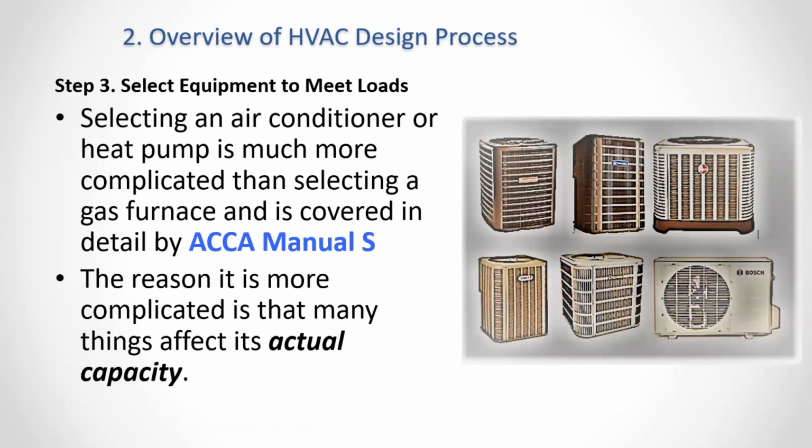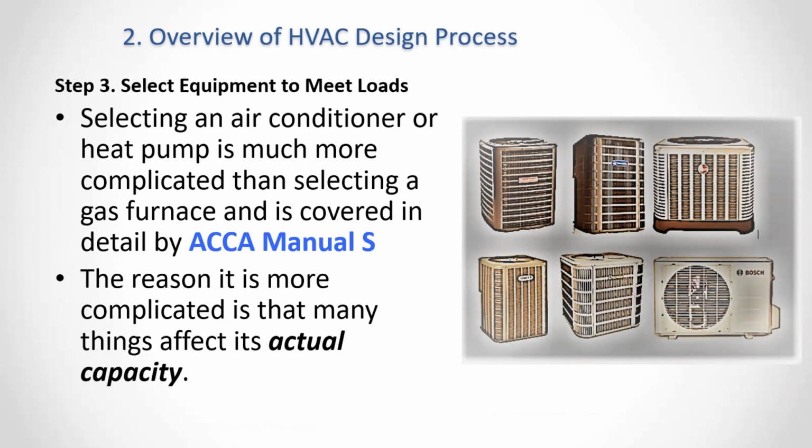So for air conditioning and heat pumps, it's a lot more complicated, all right? Because a gas furnace just shoots out flame, and the only thing that affects how much heat is coming out of that flame might be altitude. So if you go up to 10,000 feet, you're not going to get as much heat out of your furnace as you are down at sea level, but that's about it.